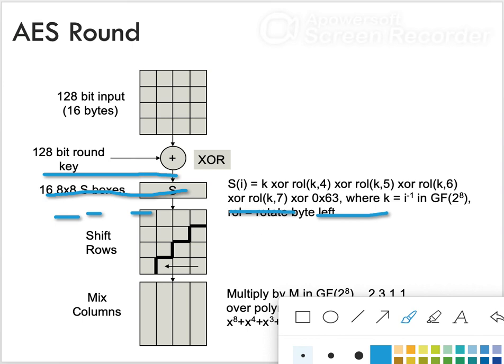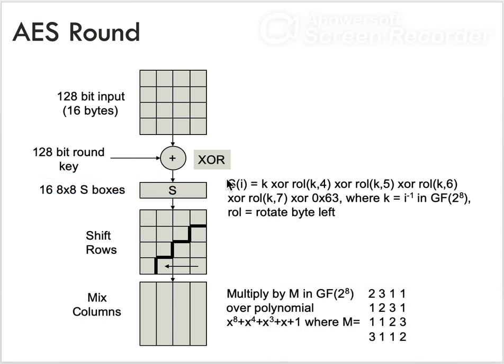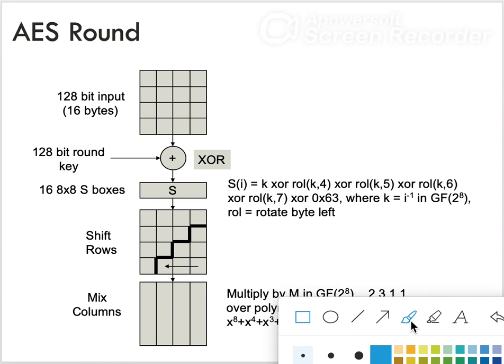Okay, this slide shows one round of the AES algorithm. Now, how are things processed in AES? Your input plain text block of 128 bits is written in this form, a 4 by 4 matrix, and each entry is 8 bits.